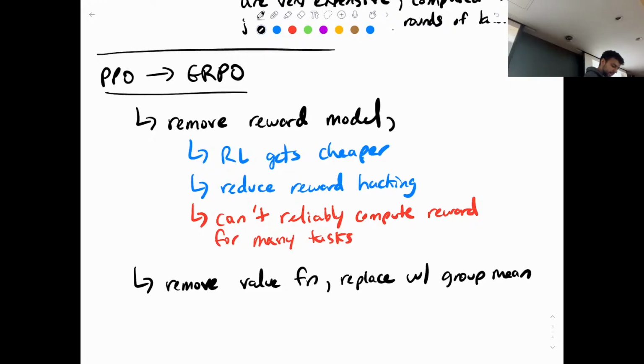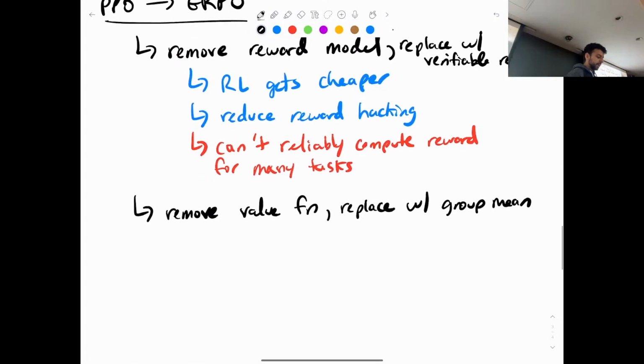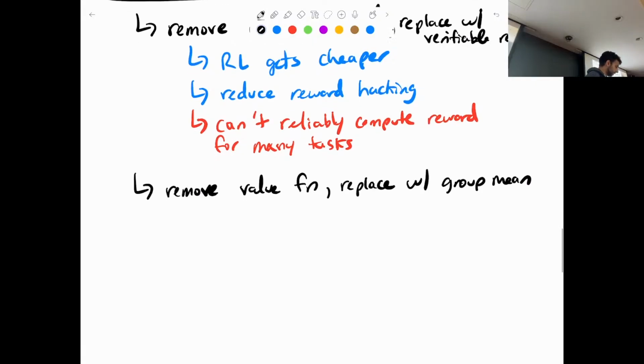So I should say we remove the reward model, replace with verifiable rewards. I should also mention that technically you can use GRPO with a standard reward model, but that's not the point that we're going for here. We're really going to focus on eliciting reasoning behavior.